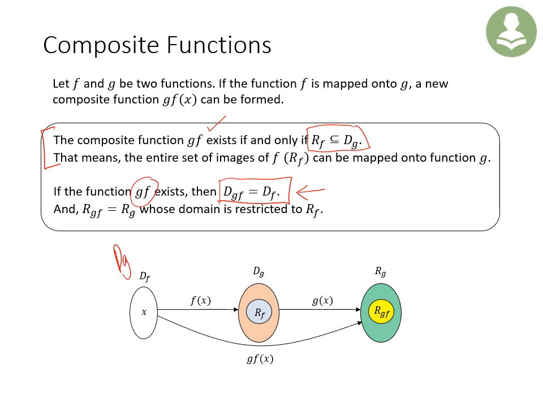Which also means that all the set of values that enter in is obviously also the domain of the composite function. Now the range of the composite function, however, will be restricted by what happens in the process of composing. So this one we will see specific examples later on.